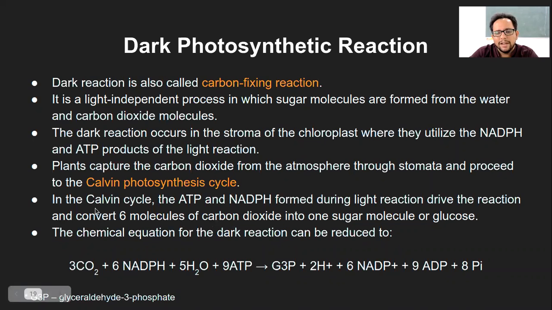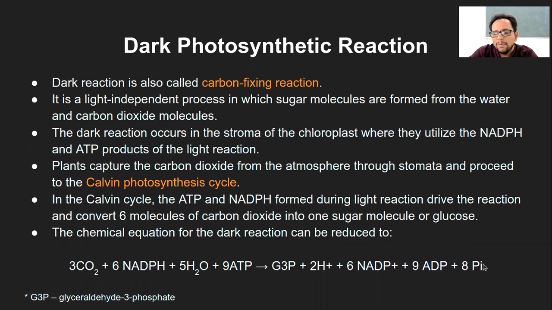So in the Calvin cycle, these ATP and NADPH which are formed will convert 6 molecules of carbon dioxide into 1 sugar molecule of glucose. And that is the reaction written here: 3 carbon dioxide, 6 NADPH, H2O and ATP.